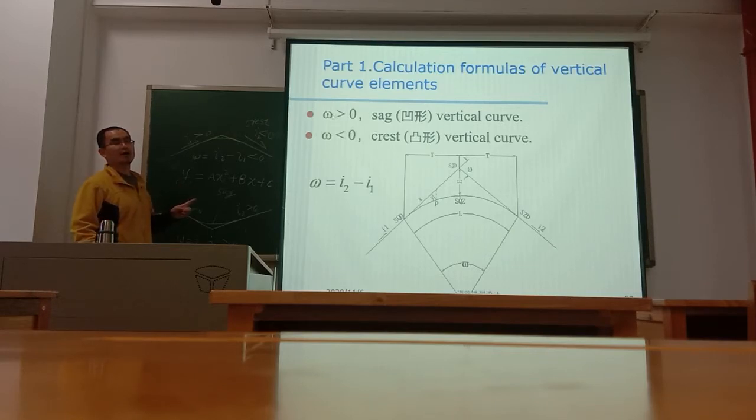When omega is greater than 0, the vertical curve is a sag. On the contrary, it's a crest.